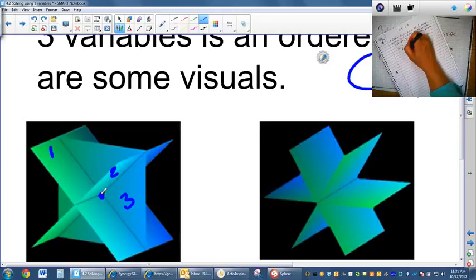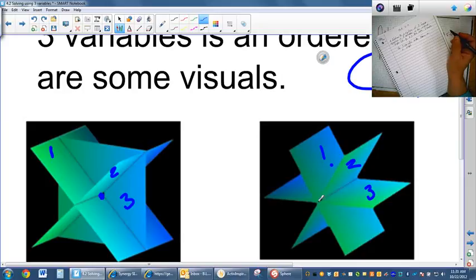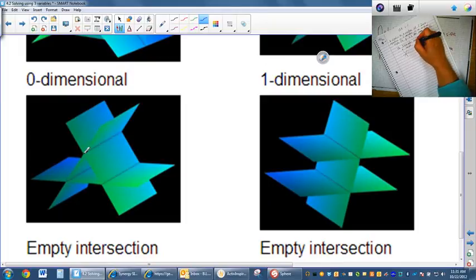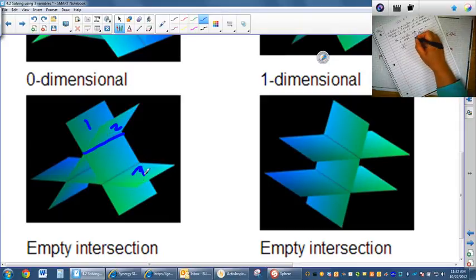Think about 3 sheets of paper. If you lay them like that, they intersect at 1 point. Here we can see plane number 1, plane number 2, and plane number 3, and they intersect at this line. They come together and form that 1 line. Here, numbers 1 and 2 intersect. 3 and 1 intersect right here.